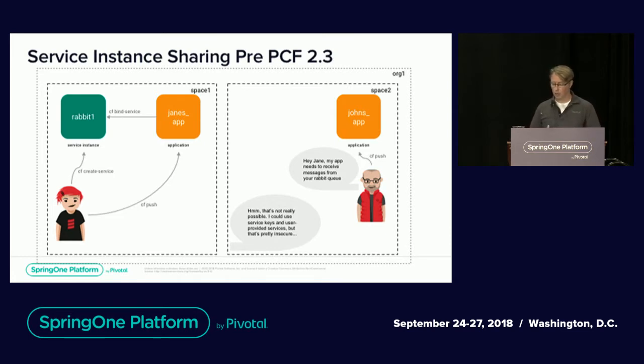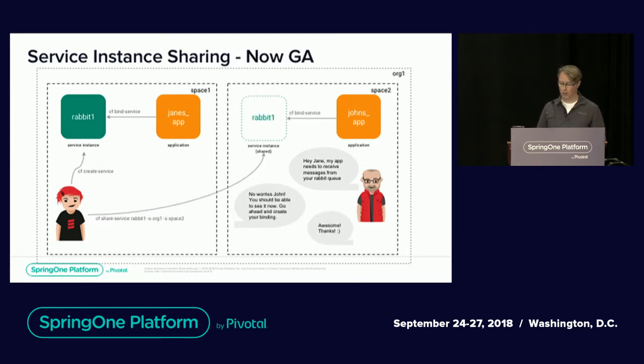So ideally, what we want is a scenario where that looks a little bit more like this, where I'm Jane over here on the left, and the developer on the right is saying, hey, I'd like my app to receive messages from your queue. And now that is essentially possible. And you can use the standard CF command line. There's a special command to do the cross-space binding.